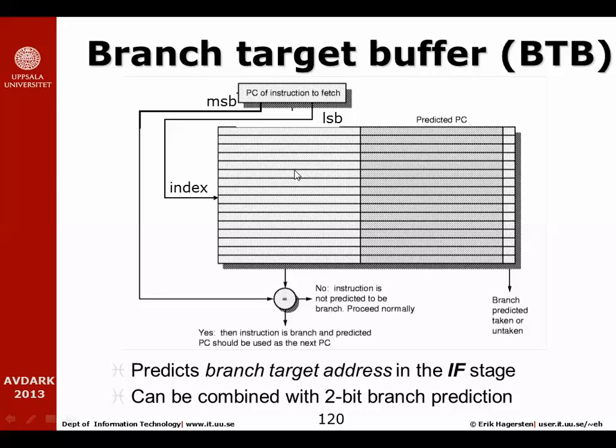And if there is a match, then you know that the data associated with that tag stores exactly the information about the branch that you're executing right now. So you can store lots of different kinds of information. For example, you can predict the target if the branch is taken. You can also store whether it's taken or not in this branch target buffer as well.